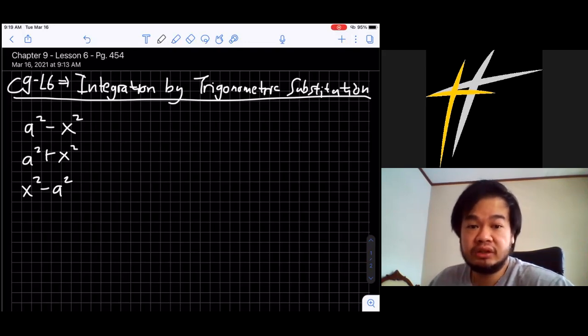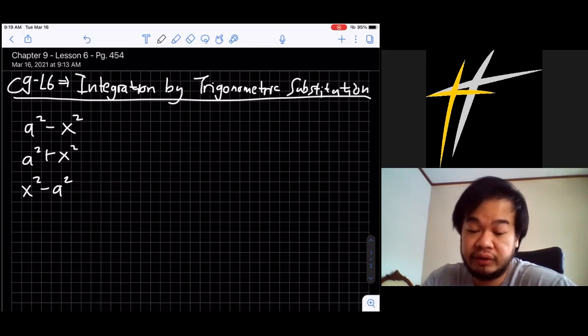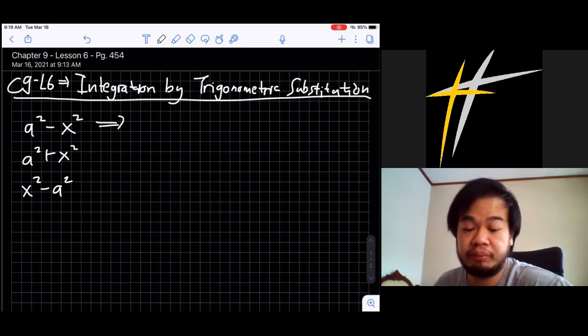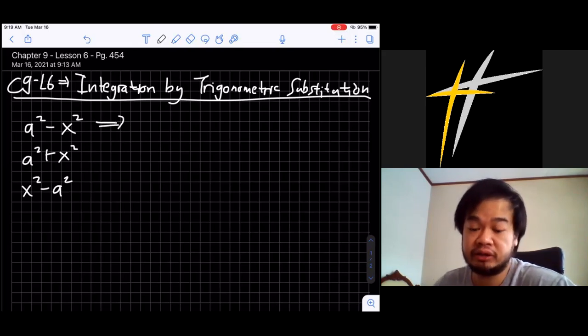So the trigonometric substitution that we are going to use: if the form is a squared minus x squared, then the substitution is x equals a sine theta.